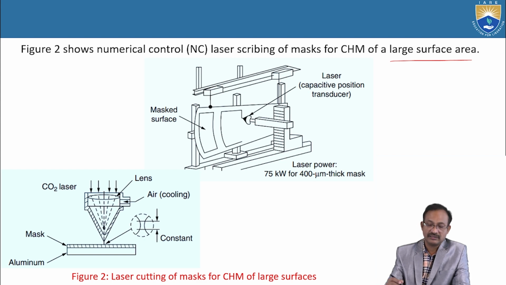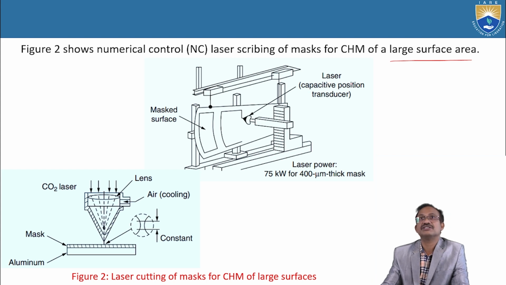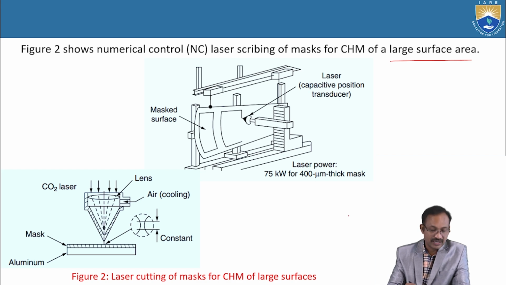The figure illustrates the masked surface, the laser, and the capacitive position transducer. We are using a laser power of 75 kilowatt on a 400 micron thick mask. Here are the setup details. We are using a CO2 laser, applying the mask over the aluminum workpiece surface.